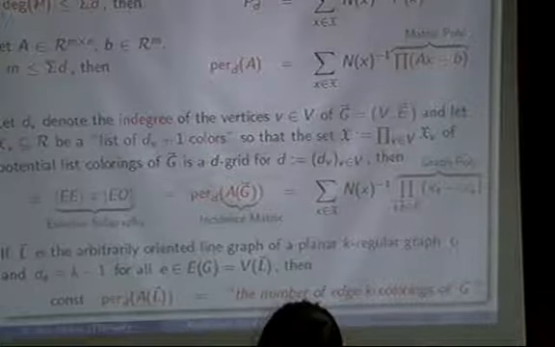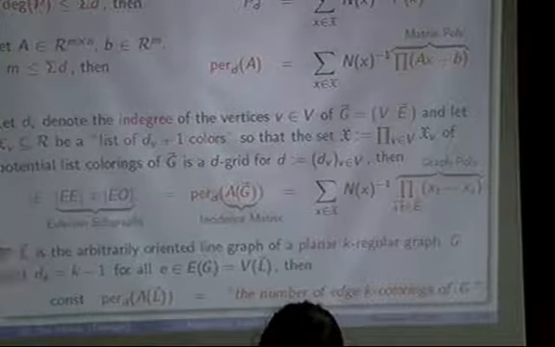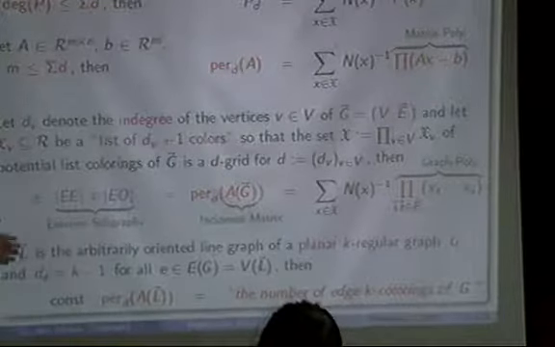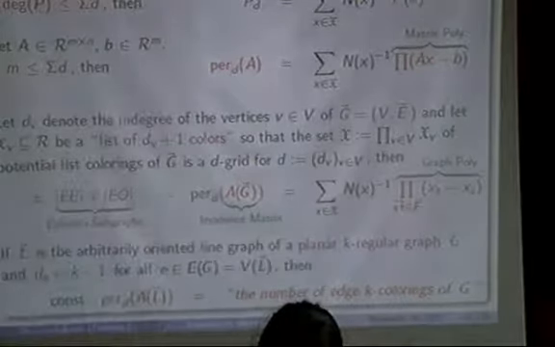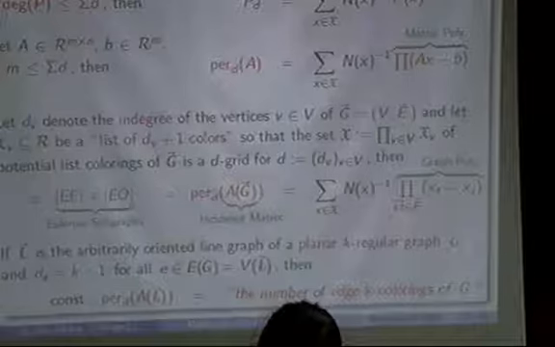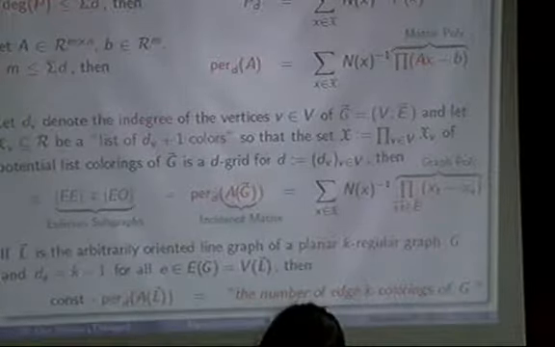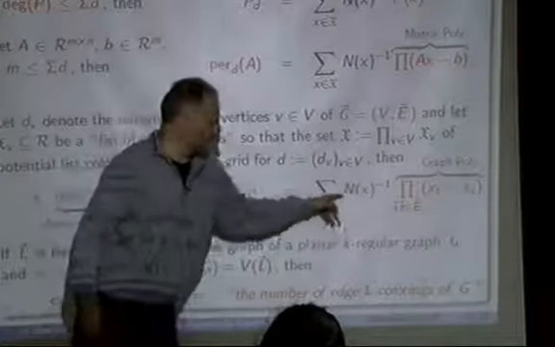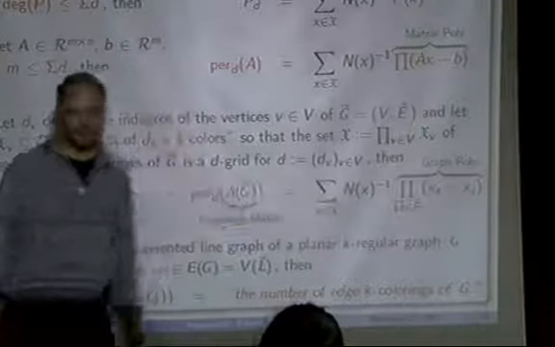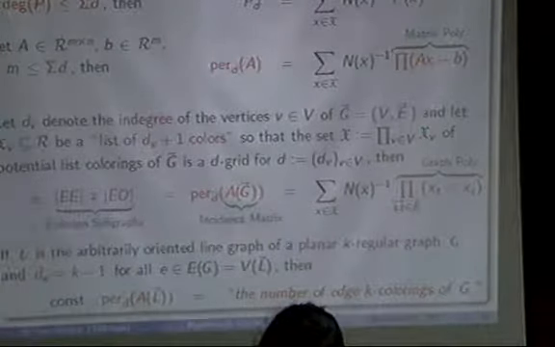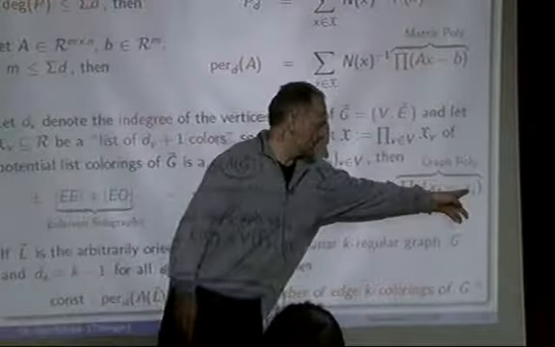We take now the line graph of a planar k-regular graph. So for example, if you study the 4-color problem, you can study planar 3 regular graphs. And in this case, it turns out that the coefficients here are pretty simple. They are all the same. You need planarity to prove this. But then you can prove they are all the same. And so basically, also these products here are all the same.